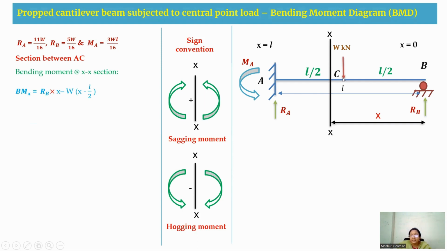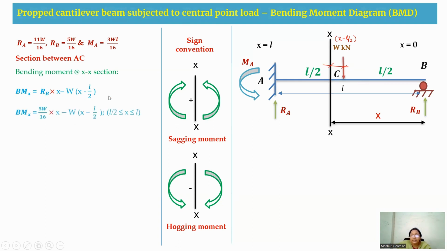And at the C portion, the load is acting in the downward direction and the arrow is heading downwards. So we consider the load into the distance, and this distance will be W into X minus L by 2. So this is negative. So RB into X minus W into X minus L by 2.